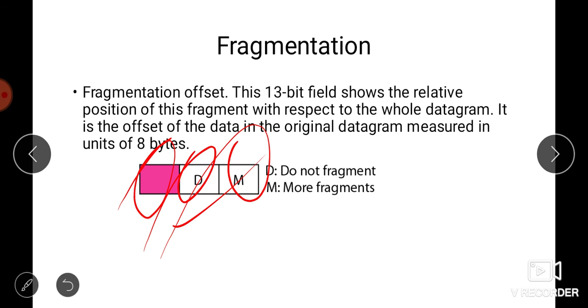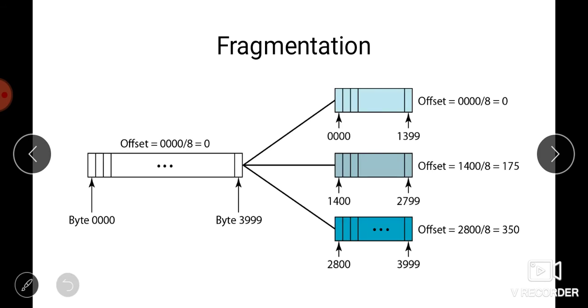So these 0, 1, 2, 3 are fragmentation offsets, or you can say the number of the frames. See, this is the example. This is from 0000 to 3999, so 4000 bytes we have taken. So each and every frame has to be of this size, maximum this size.